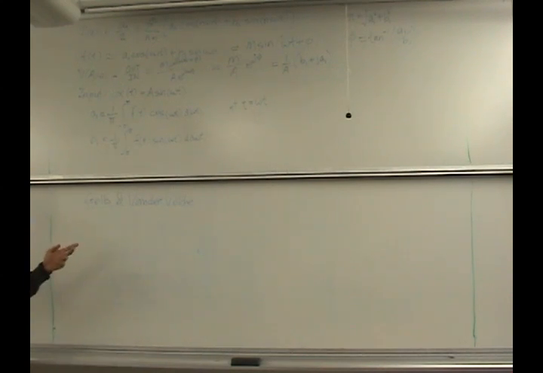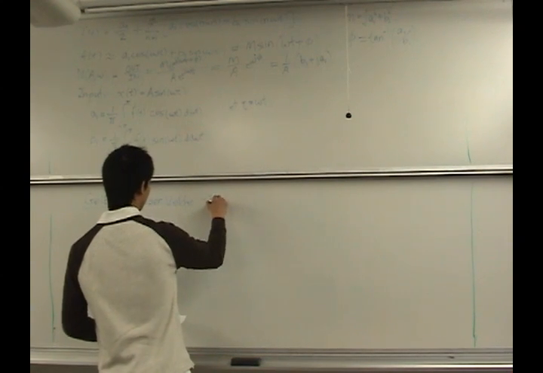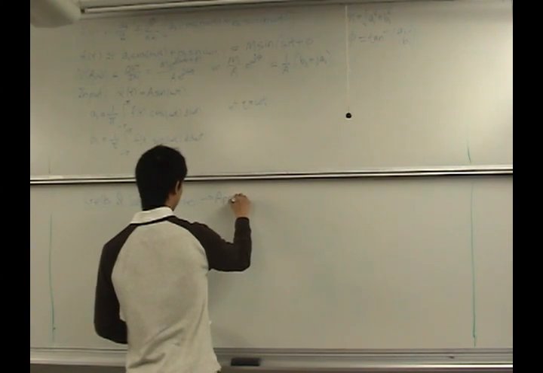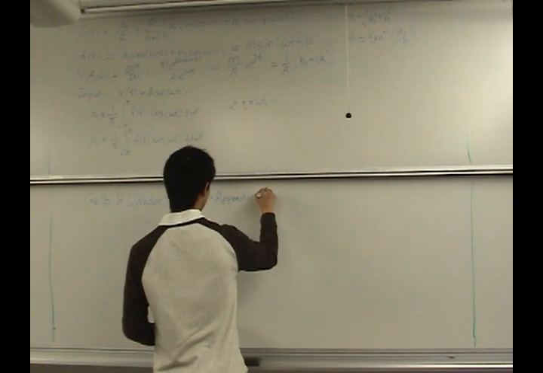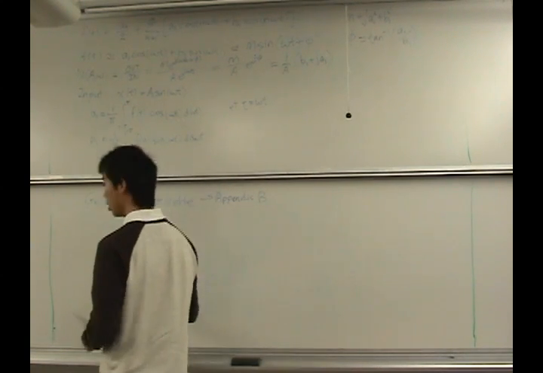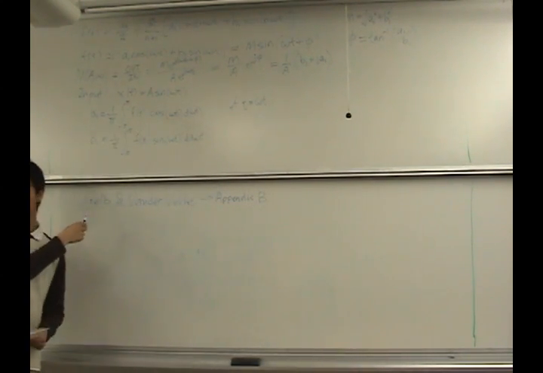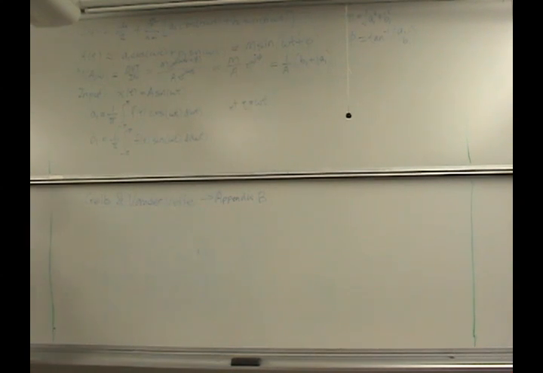If you want to check your answers in the homework, you can always go there. They're all listed in Appendix B. And I've posted this on coursework. Have you guys seen it?